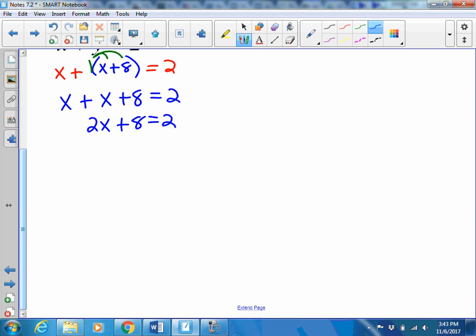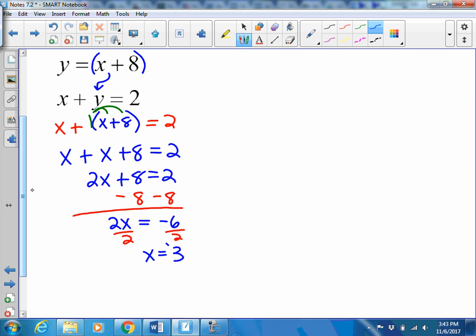Then I can move the 8 over. So take away 8 from both sides. So I get 2x equals a negative 6, and then divide off your 2. So x equals negative 3. So I actually have half of my answer.